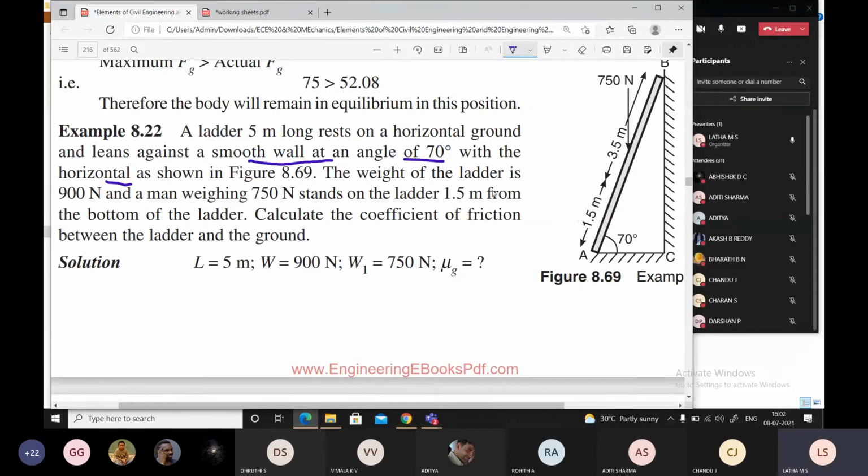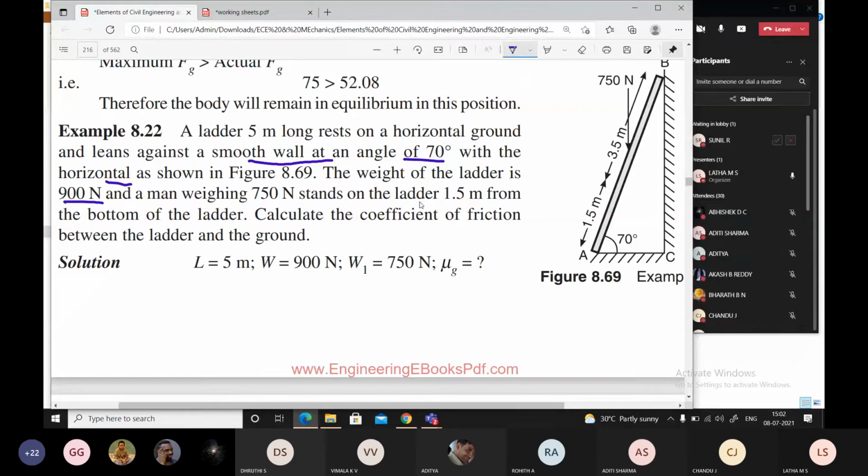The weight of the ladder is 900 Newton and a man weighing 750 Newton stands on the ladder 1.5 meter from the bottom of the ladder.